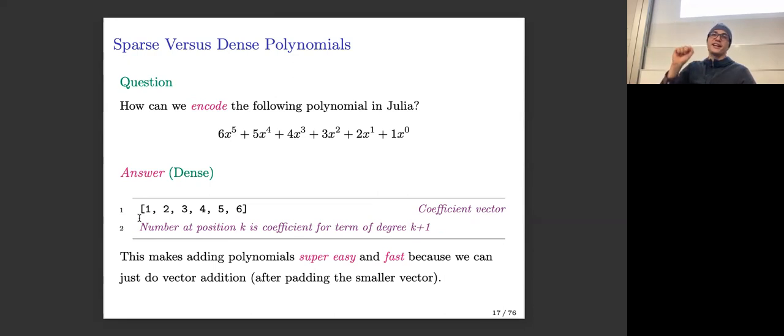Don't forget that we are indexing from 1 in Julia. This is really useful because if you want to add two polynomials together, it basically becomes vector addition, which is really fast. Of course, we have to pad the smaller vector with zeros, but still, there are lots of advantages to storing polynomials in their dense way.